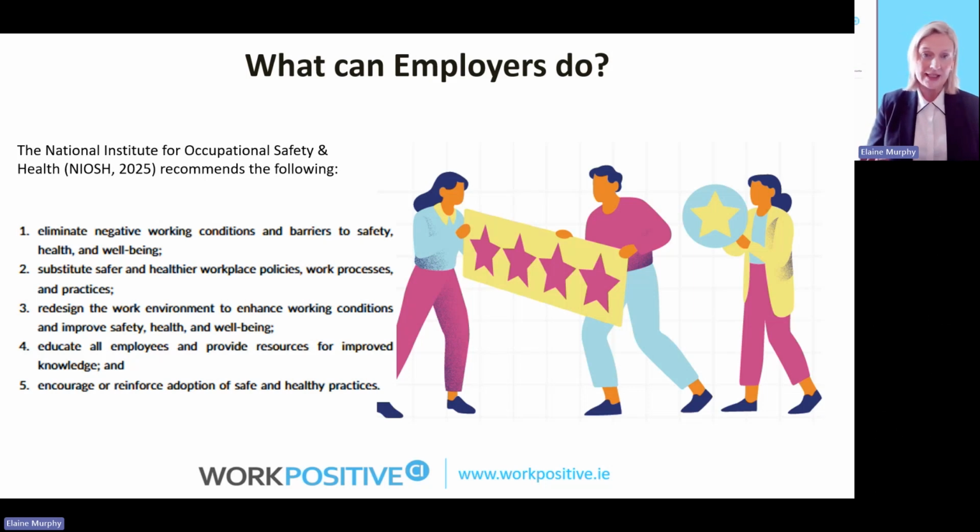So again, in consultation with your employees, identifying that training that's going to be useful and practical to your organisation. And number 5 there, encourage or reinforce adoption of safe and healthy practices. So ensure, I suppose, very much again that there is a reporting system for hazards or for identification of risk, and promotion really of that peer-to-peer mentoring for your staff, and overall again that regular communication is so important in relation to managing your risks.